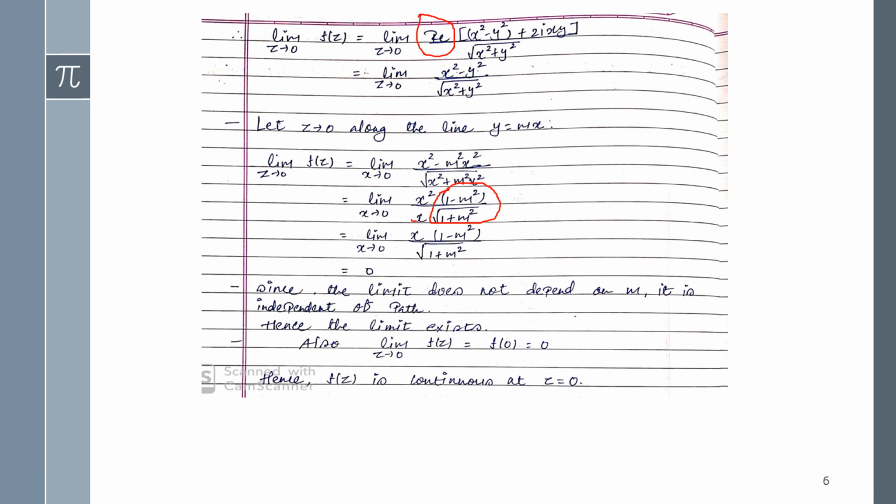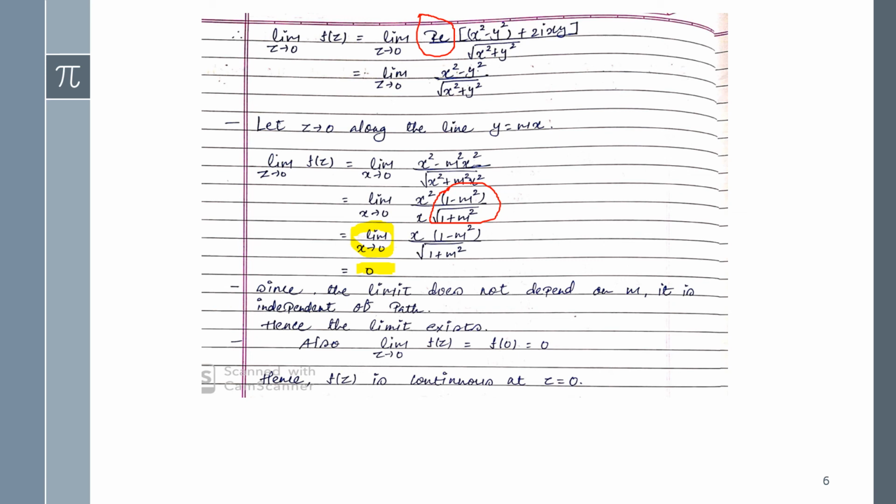And from this both, this x will be removed, right? So the remaining term will be now, yes, just a second guys. Okay, so the remaining term will be now x into 1 minus m square upon under root of 1 plus m square. As you can see that here it's given the limit of x, so putting 0 in place of x, it will be 0.